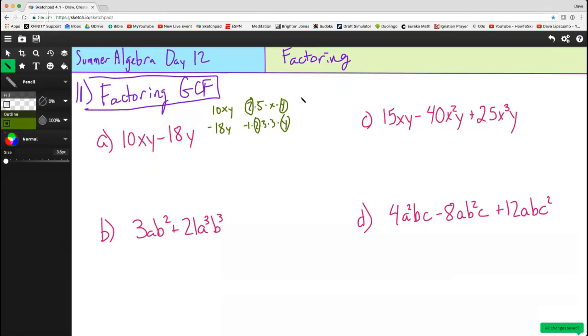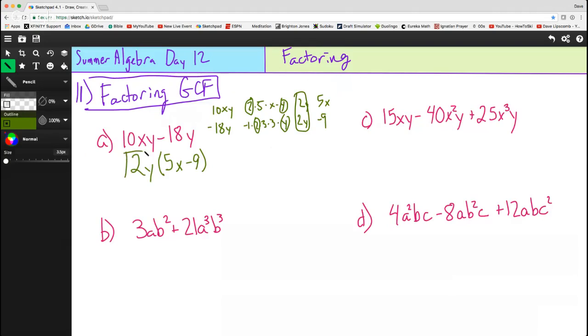And then our leftovers on top is 5x, and on bottom we have -9. So our factoring here would be 2y times 5x minus 9.